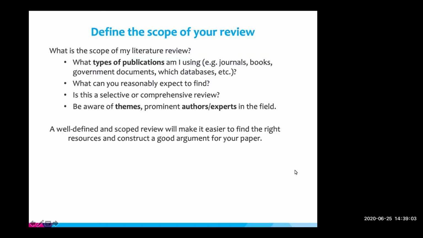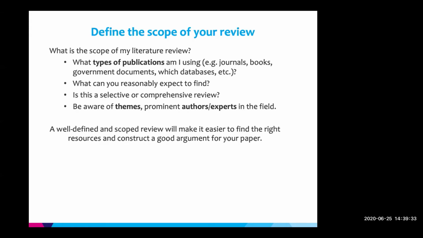So, like I say, when we're thinking about defining the scope of our review, we want to think, what types of publications am I looking for? When we're searching, and I'll probably note this multiple times because I think it's really important to remember, when we're searching databases like PubMed and even Google Scholar and Embase, these standard databases that we think about, we need to remember that we're typically searching journal articles.